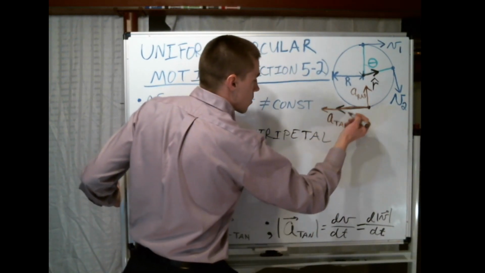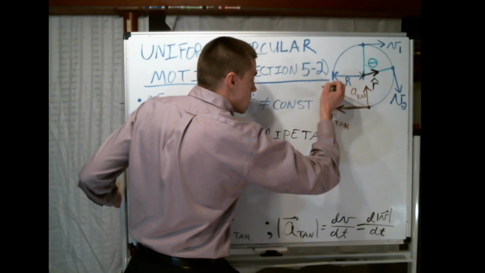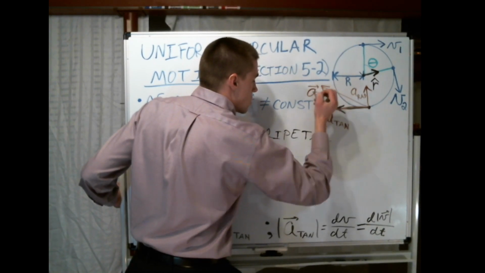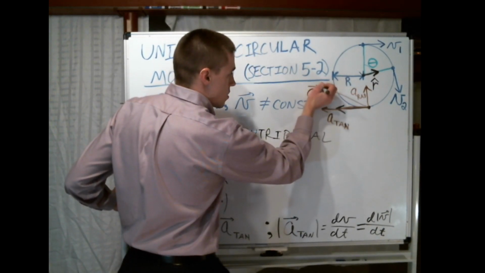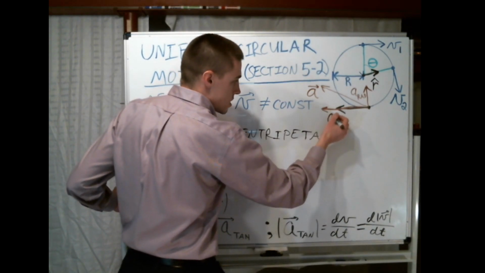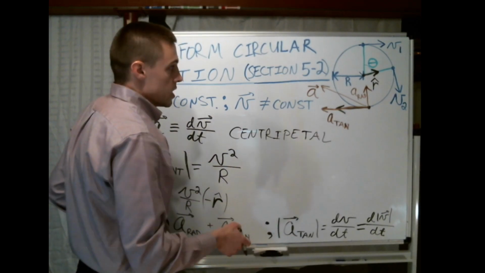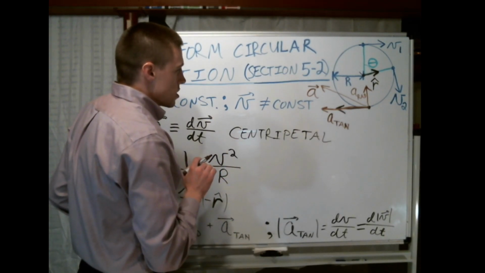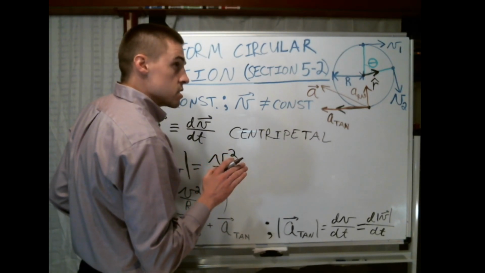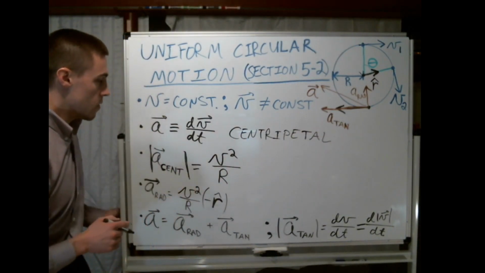And our overall acceleration vector, the resultant, would be the radial component in the radial direction plus the tangential component in the tangential direction. That is section 5-5 in your textbook, so you can learn more about that there.